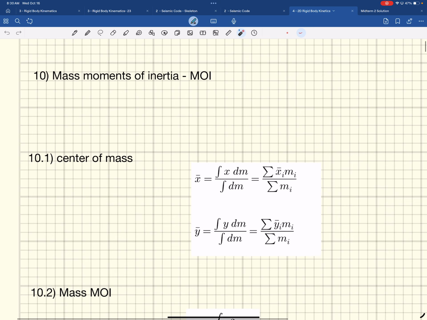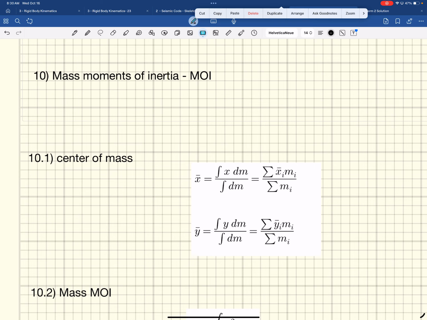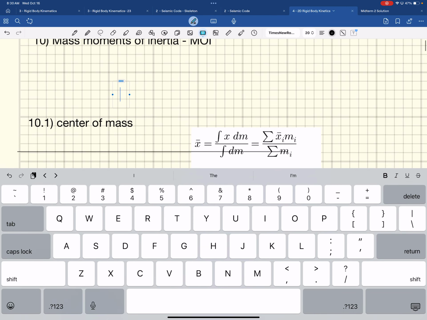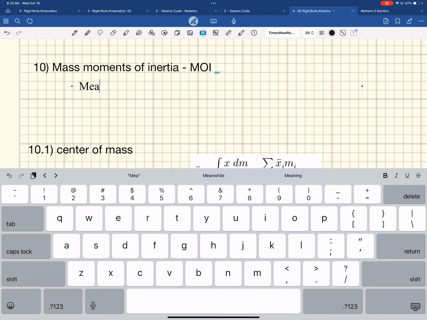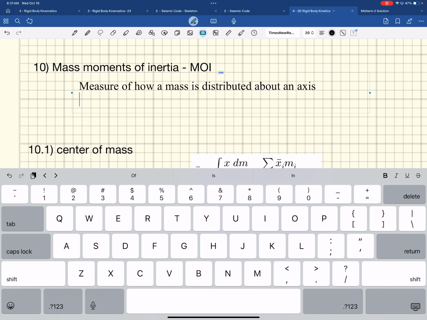It is a measure of how a mass is distributed about an axis. And the area moment of inertia is how an area is distributed about an axis. That's what you're learning in mechanics of materials. This is how a mass is distributed about an axis.